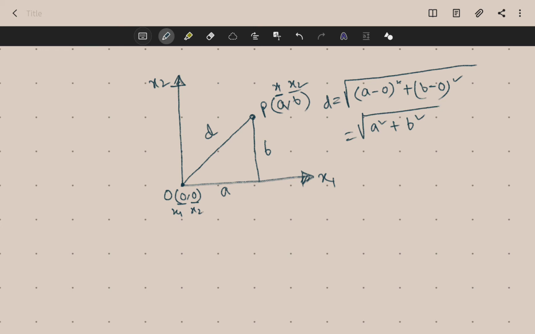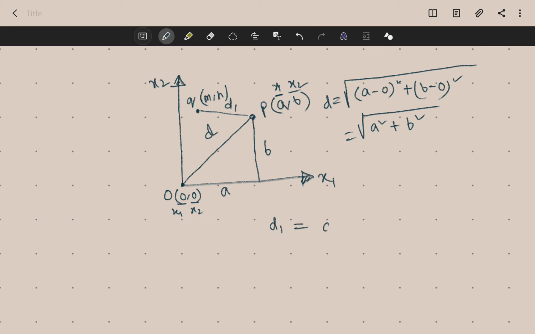As simple as that. Now if someone comes and tells me, I have a different point called Q, represented as, suppose, M and N, and they are asking for the distance between P and Q. I denote this as D1, as I denoted the other as D. What will be the distance D1?